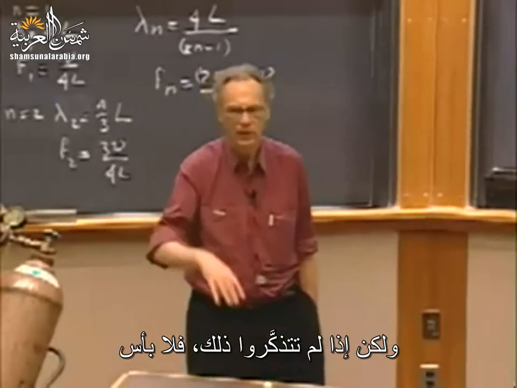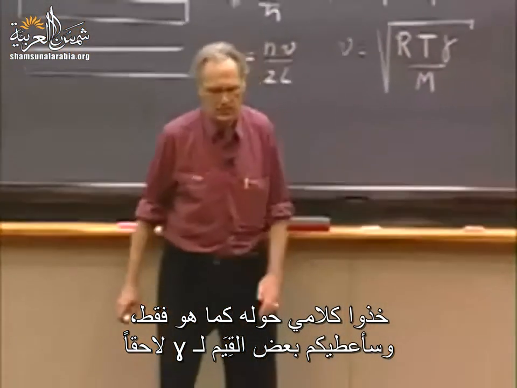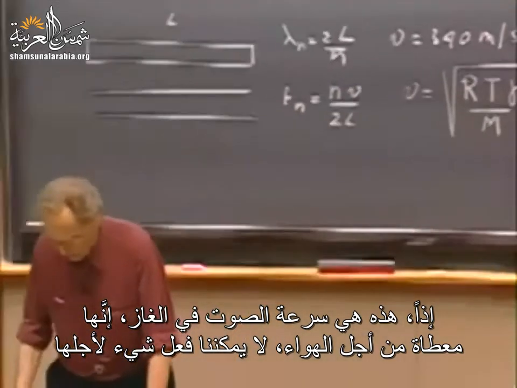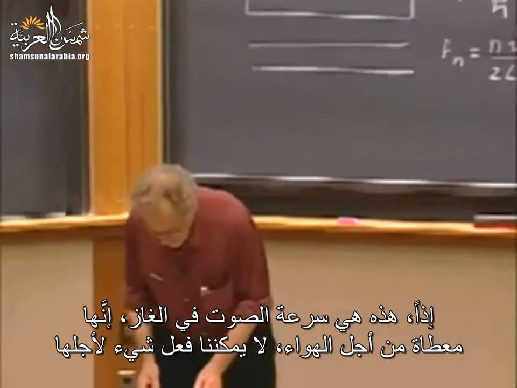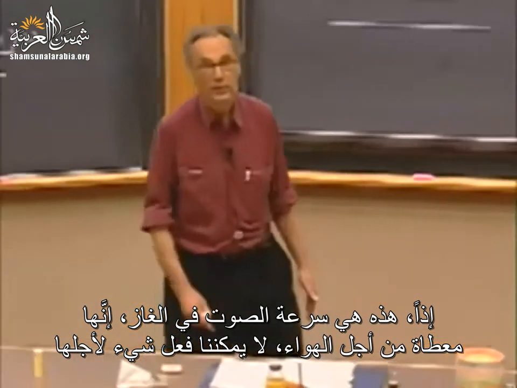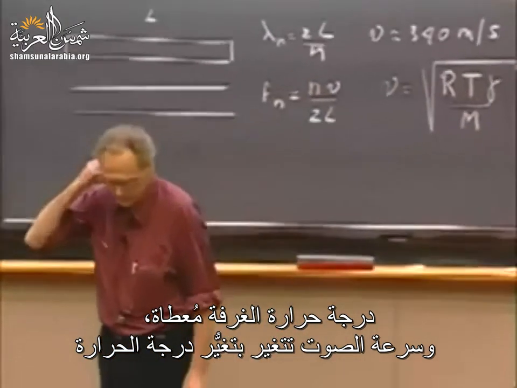But if you've never had that, that's fine too. Just take my word for it. I will give you some numbers for gamma later. And then m is the molecular weight. So this is the speed of sound in a gas. So it's a given for air. There's nothing you can do about it. Room temperature, it's given. It changes with temperature, which is interesting.